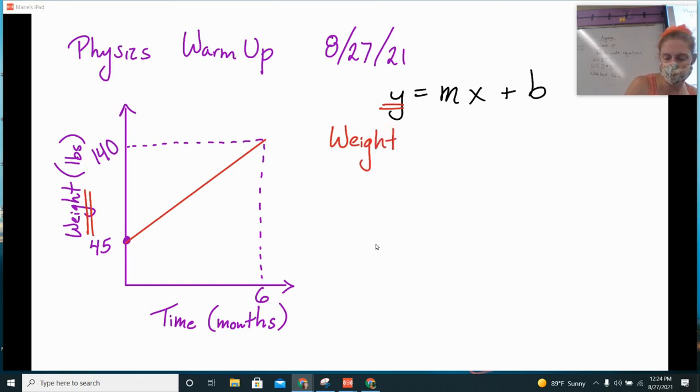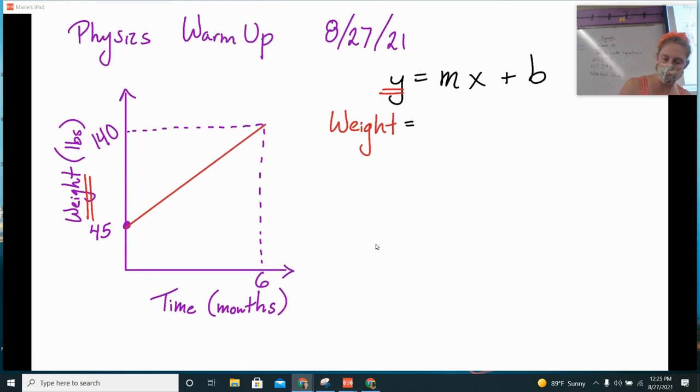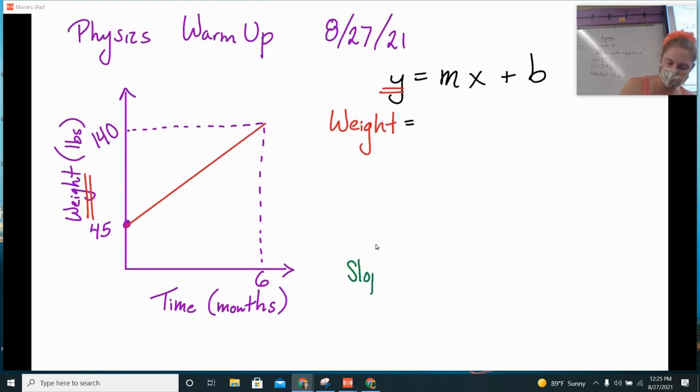And that's equal to my slope. But slope is rise over run. So I'm going to come down here and I'm going to go slope equals rise over run. My rise, I'm starting at 45 and I go up to 140.